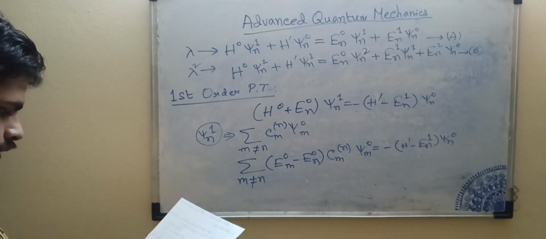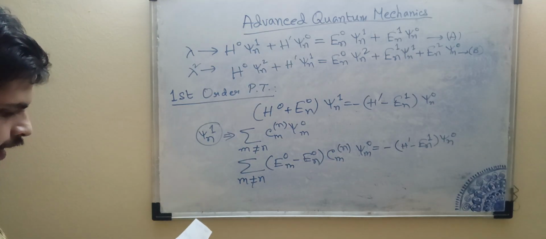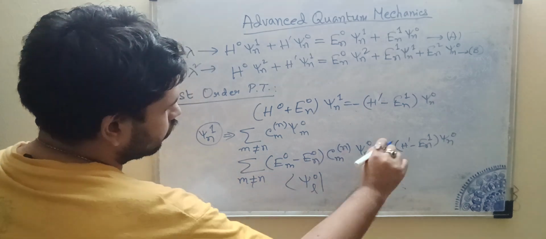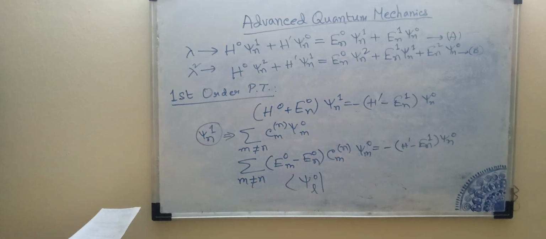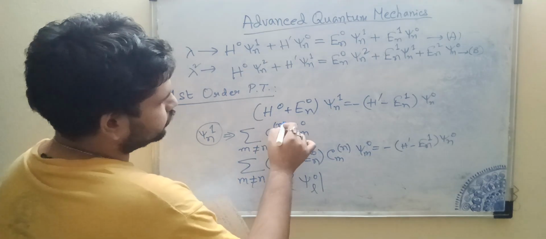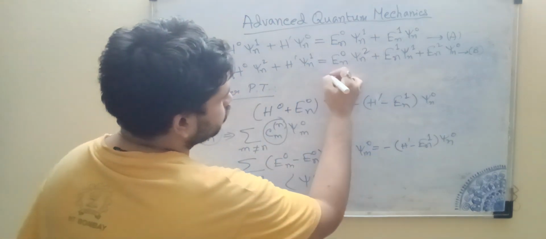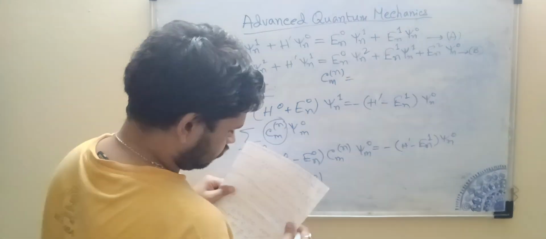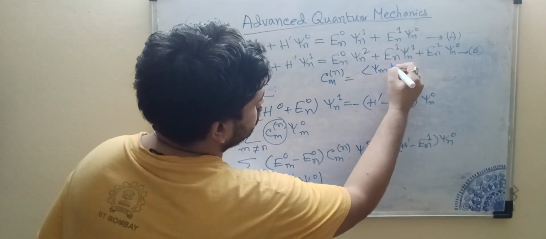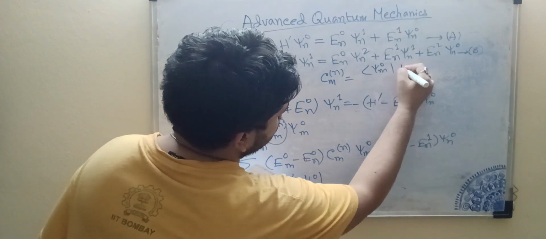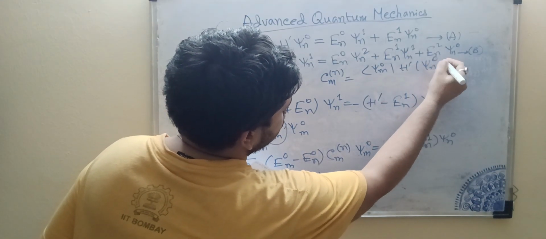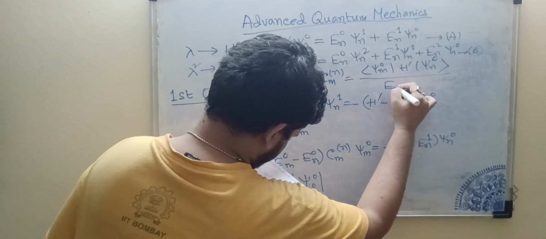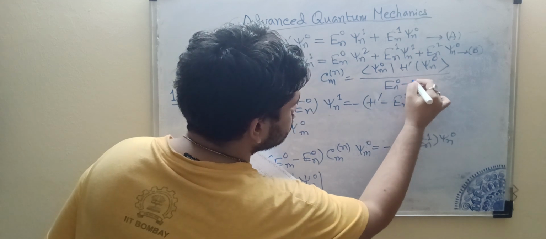Okay, so from this we again do an inner product with psi m0 on that equation, and this will give the value of the coefficient. We need the coefficient first, so the value of the coefficient will be psi m0 H prime psi n0 divided by En0 minus Em0.